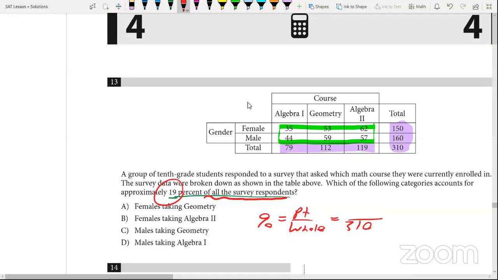So that's the closest one so far. And actually, if 62 is close, then 59 will be closer, right? So 59 divided by 310 is 0.19. So 59 over 310 is 19%. So what group are we talking about? We're talking about the males taking geometry. So the answer to number 13 is C.